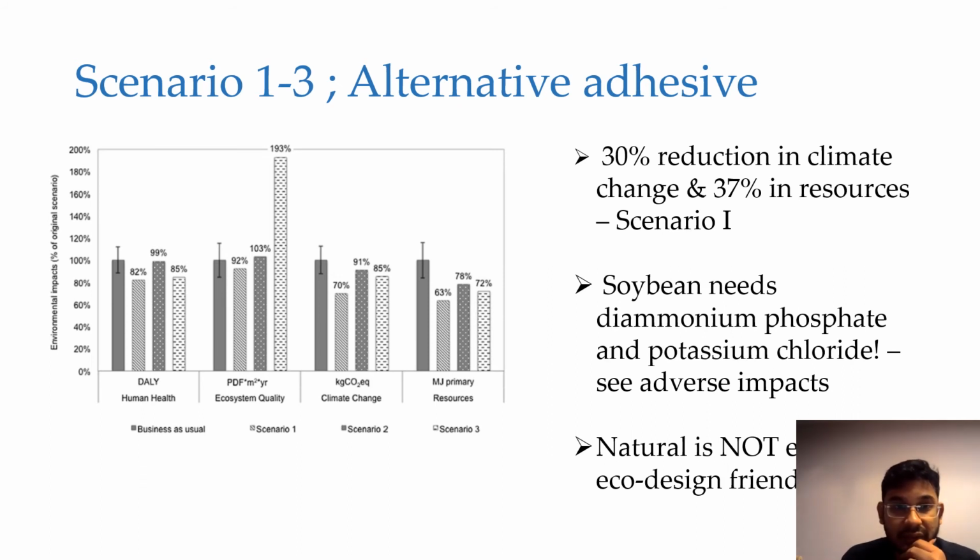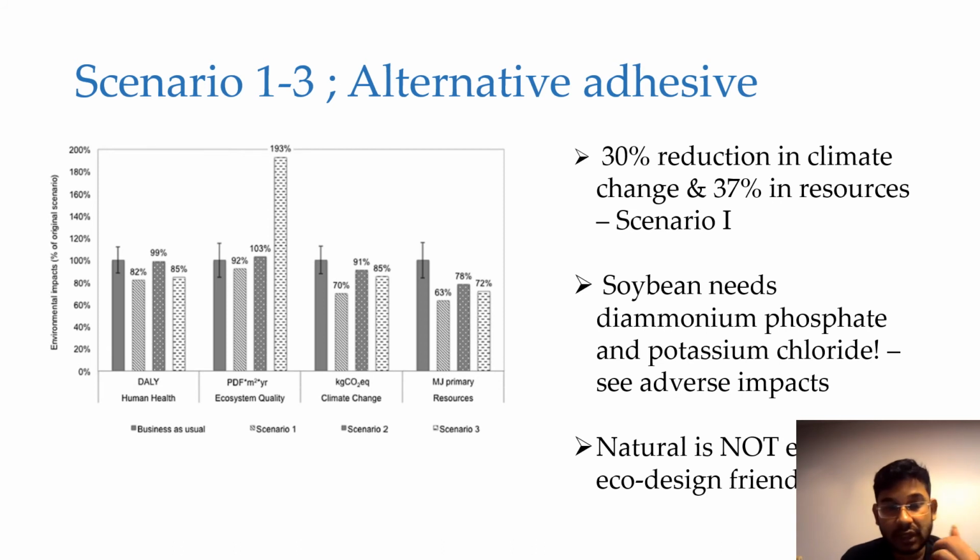But in the case of soybeans, they actually find that it could be really worse because soybeans need diammonium phosphate and potassium chloride during its processing, which means that these things also have to be taken into account and their impacts also have to be quantified, which means using soybeans can actually deliver you really worse indicators in some of these categories.